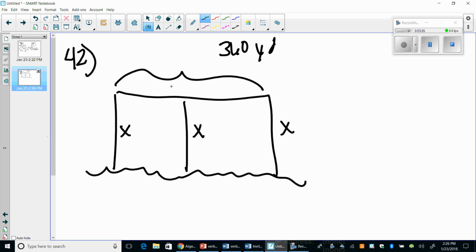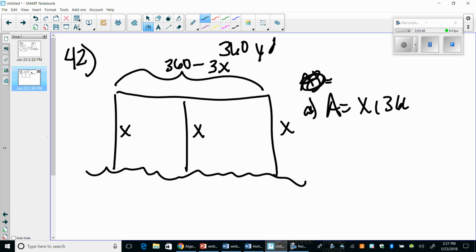That means that this long side here would have to be 360, that's my total, minus x and x and x, or minus 3x. So the area, part A, will be x, the length, times the width, which is 360 minus 3x.